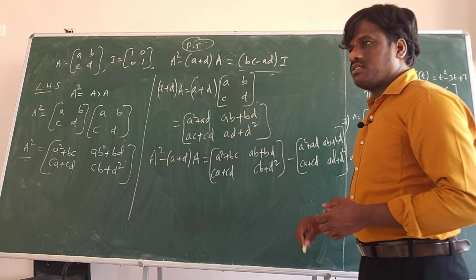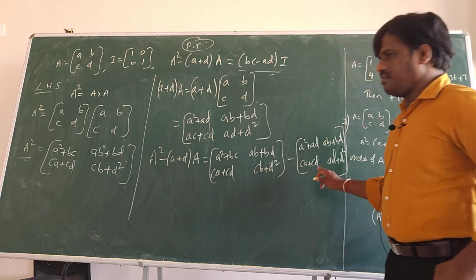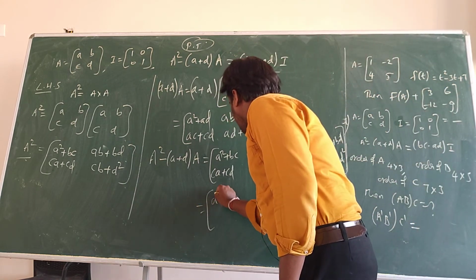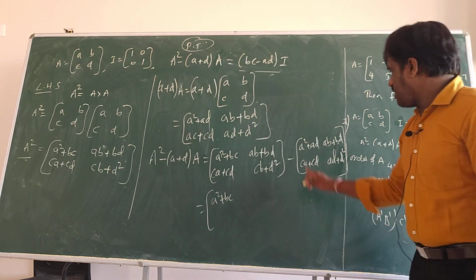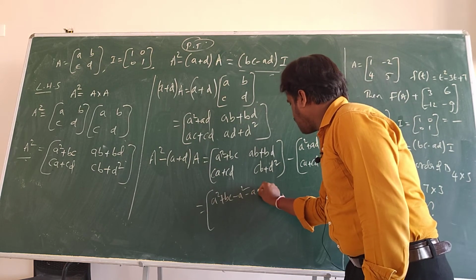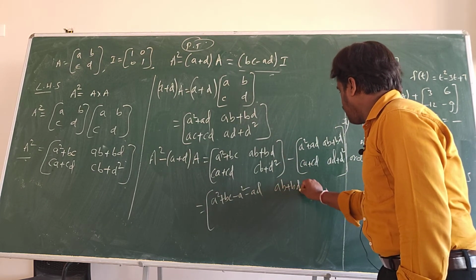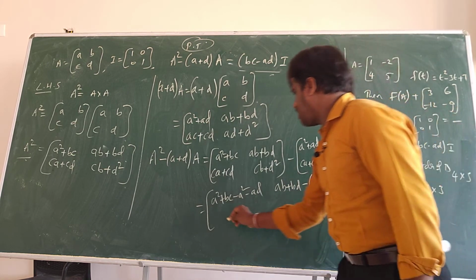We are doing subtraction. So this is same, this is same. You get 0. So what do you get here? A square plus BC minus A square minus AD. And this what you get here? AB plus BD minus AB plus BD.